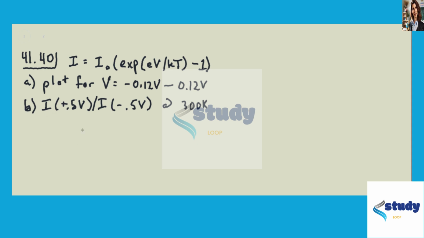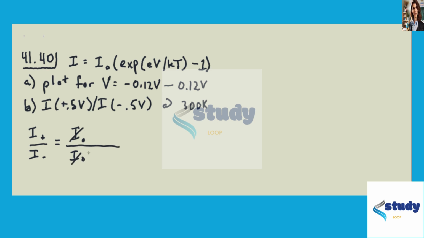And so now we can look at this ratio. You can just call it I plus and I minus, I guess. So we're going to have an I naught in both the top and the bottom.